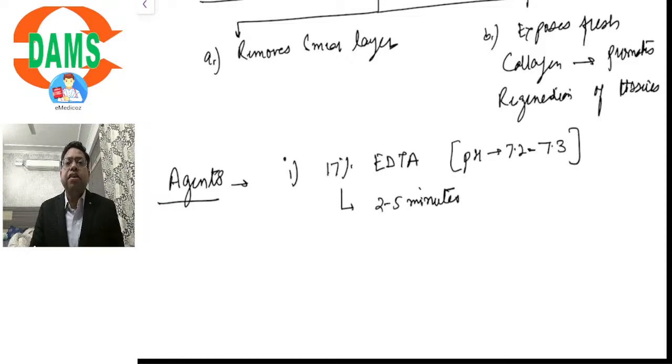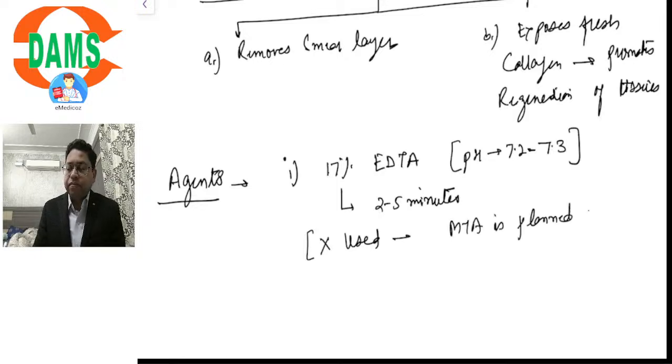And it conditions the tooth surface, meaning it would remove the smear layer and expose the fresh collagen. An important consideration is that EDTA is not to be used when MTA is planned as root end filling.